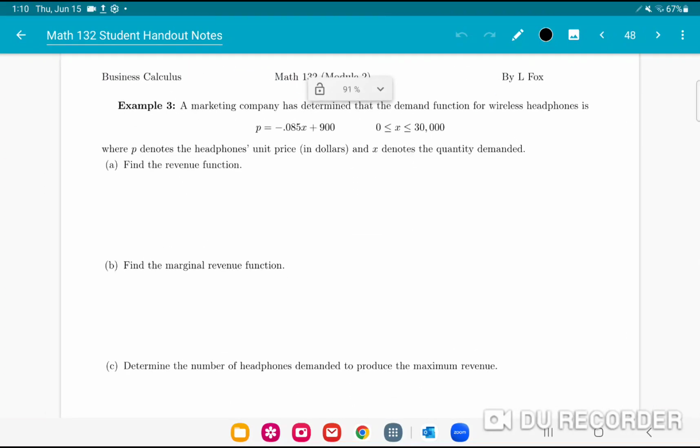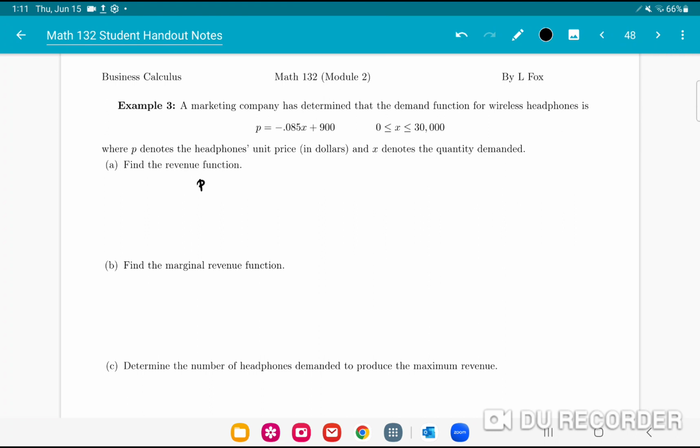Here I have a marketing function. The company determines the demand for wireless headphones is this, where P denotes the headphones' unit price for X quantity.